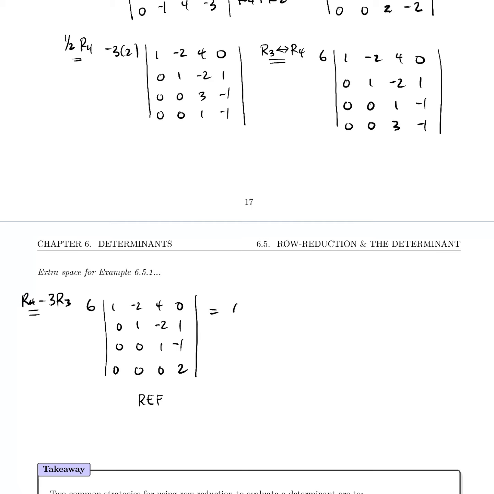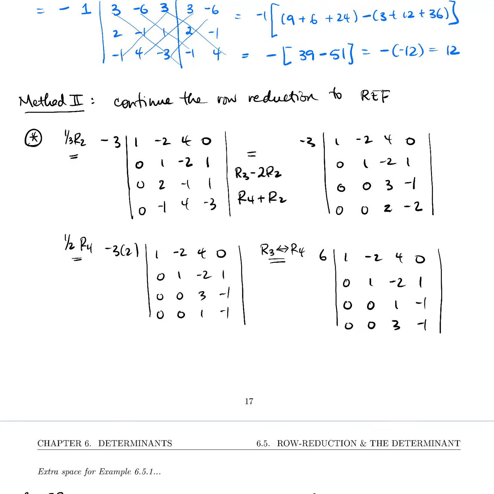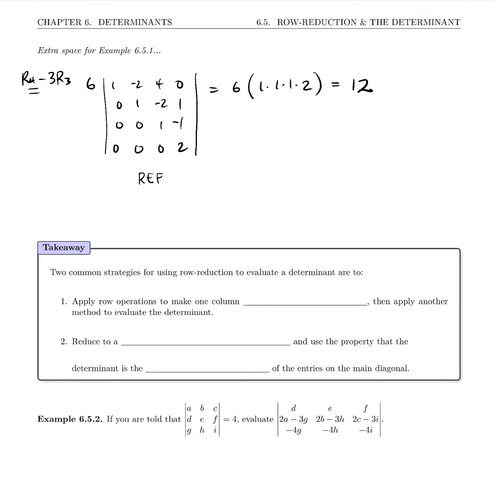So that means we have 6 times 1 times 1 times 1 times 2, or 6 times 2 is 12. So that is the same value that we got above. I might argue that above was a little bit quicker than what we had done here, but both of these are well-known strategies for using row reduction to evaluate the determinant, and that's what this takeaway says.